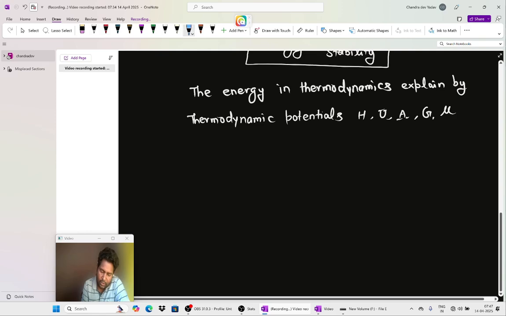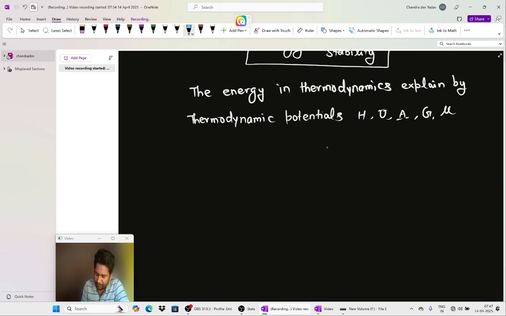These potentials are explained by the Maxwell Born square. Actually, this is out of the JEE syllabus, but we can use it as a trick. This is very simple.